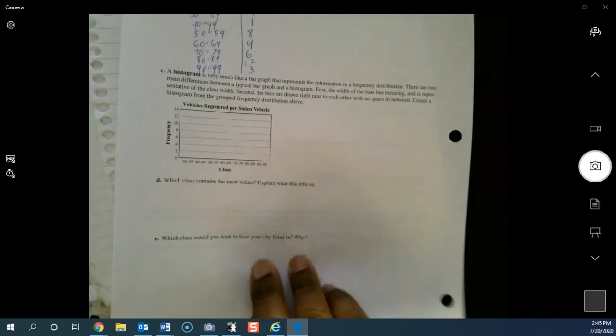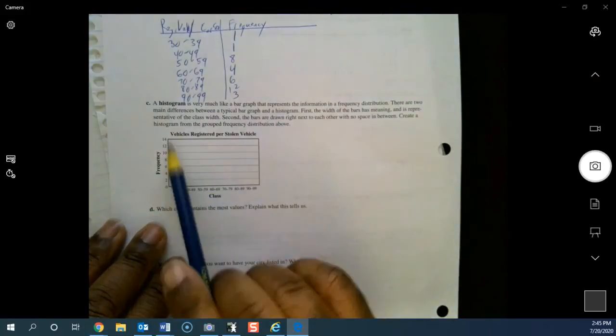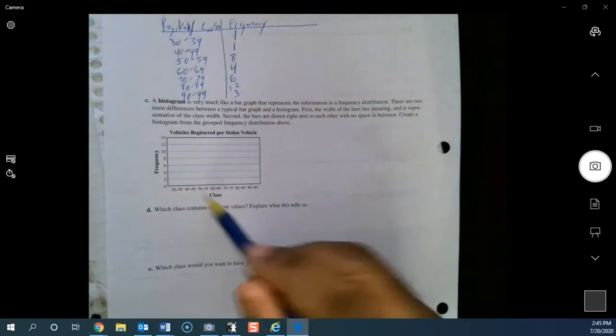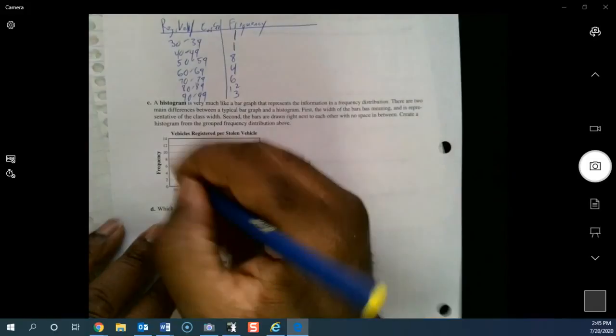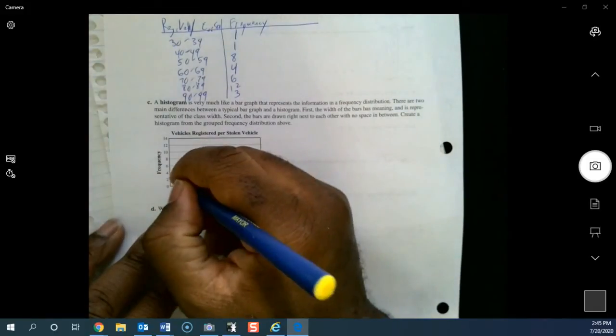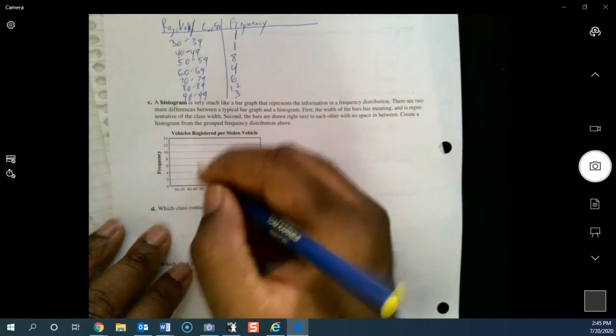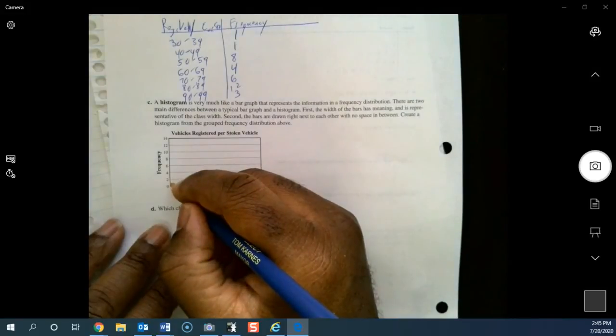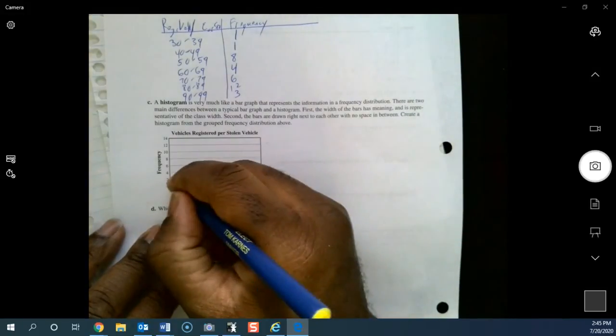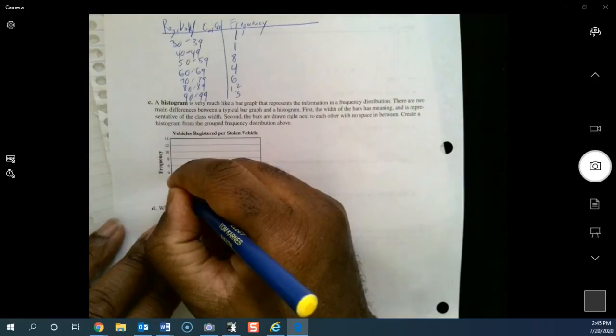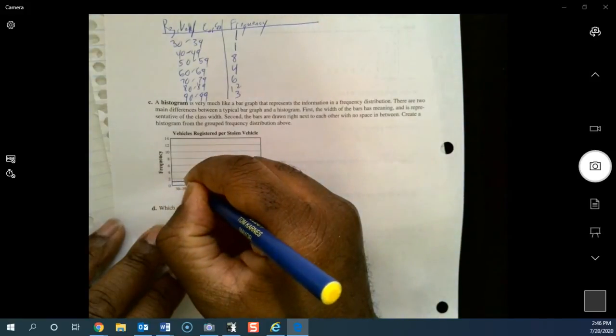So we're using our information from above, and you notice here that our graph is set up with the x-axis and the y-axis. So we have the class and we have the frequency. We know from 30 to 39 is just 1. If you notice here, it goes from 0 to 2, so that's the halfway point. So we would start here from the 0 to the 39.